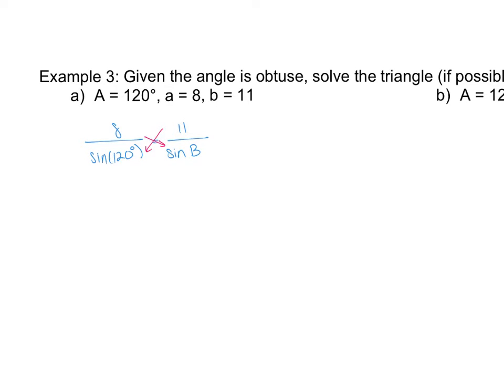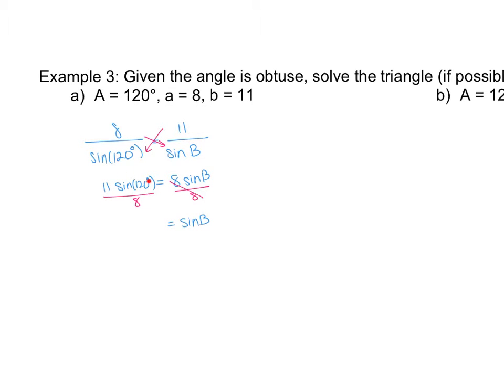If I cross multiply, I can isolate the sine of B first: 11 times sine of 120 degrees, and then divide by the 8 to get sine of B by itself.